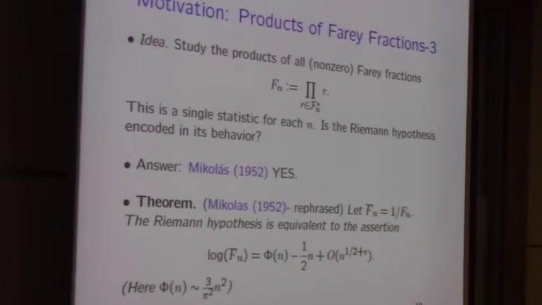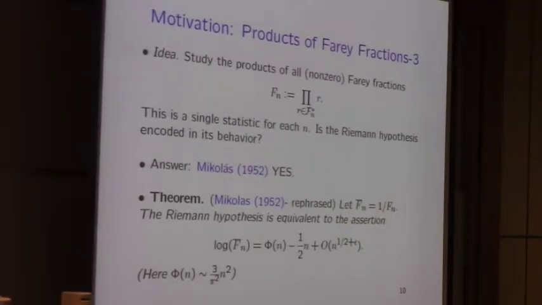But it turns out this Riemann hypothesis encoding is not very sensitive to the particular measure, and people proceeded to prove more and more theorems that the rate of convergence was fine for lots of different measures, and finally they covered the logarithm in 1952. So the Mikolás theorem in 1952 shows that this single statistic all by itself encodes the Riemann hypothesis.